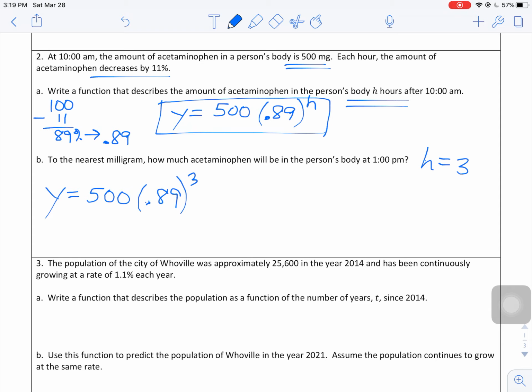Grab your calculator or pull up Calculate 84 on the iPad, plug this in, and since it says the nearest milligram, you're going to round to the nearest whole number. So about 352 milligrams.